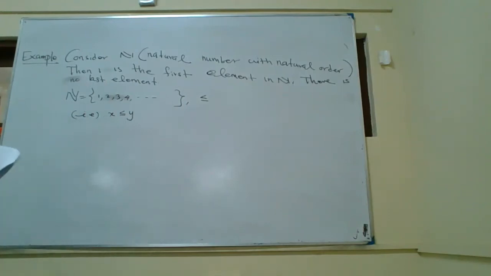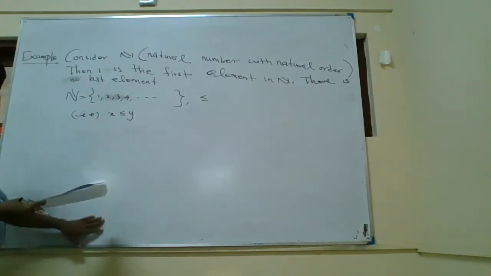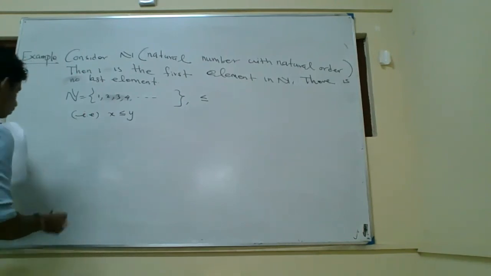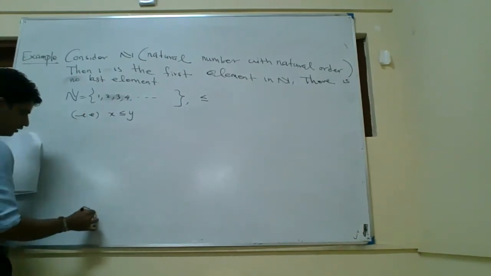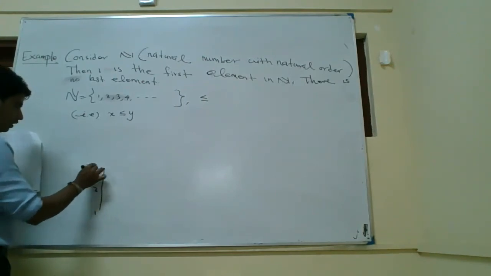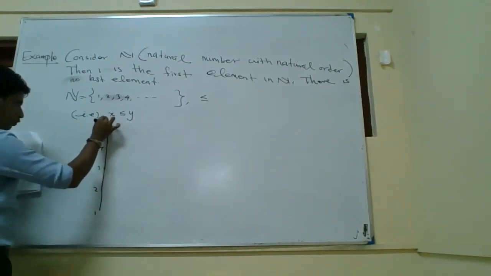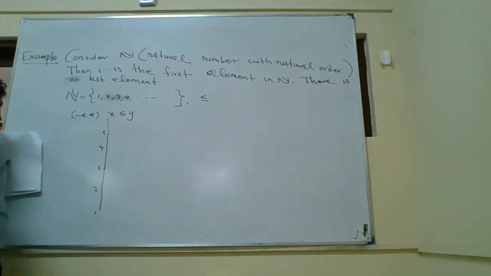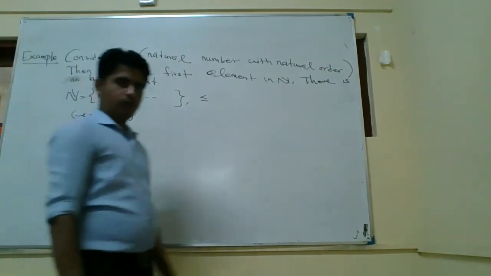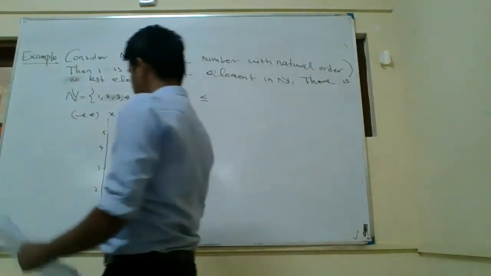This is your relation. Reflexive okay, transitive okay, and antisymmetric okay for this part. Now for the case diagram, you have first 1, up to 2, then 3, then 4, then 5, and so on. This is your case diagram.